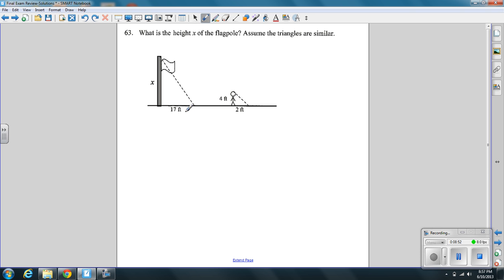So 17 times 2 is 34. X over 17 equals 4 over 2. 17 times 4 is 68. Then divide it by 2. All right, and x is in fact equal to 34 feet.